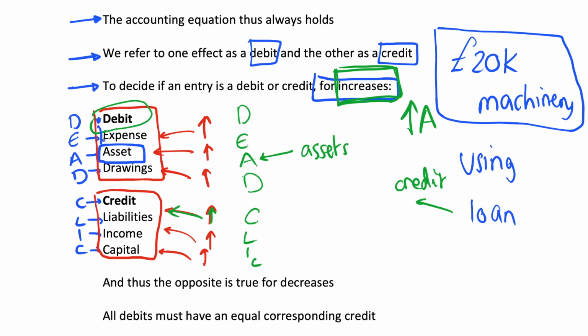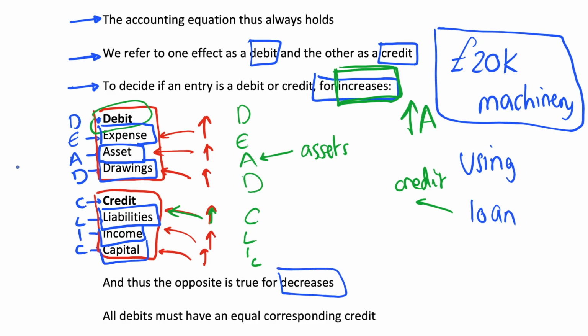The same is true for expenses. A decrease in expenses is a credit. A decrease in drawings is a credit. And then a decrease in liabilities will be a debit, as will a decrease in income and a decrease in capital. These will all be debits because the opposite is true for decreases, as we see here.